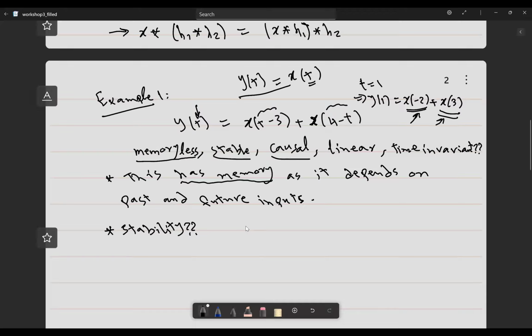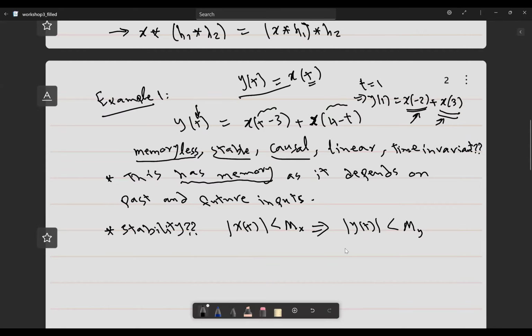So the definition was: if x(t) is bounded by some Mx, just some finite value, not infinity, then the output will be bounded by some other finite value.